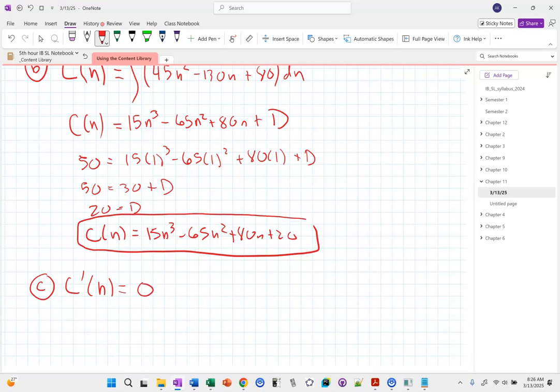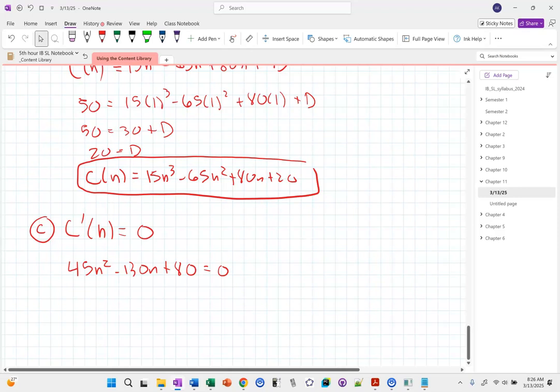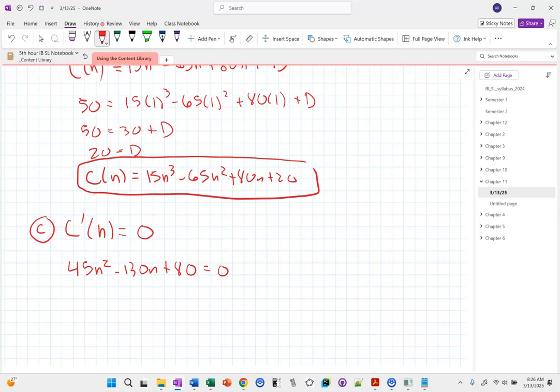So again, C prime was 45n squared minus 130n plus 80 equal to 0. To solve this, I'm going to just use the quadratic formula. But I noticed that all my coefficients are also divisible by 5. That'll just make my arithmetic a little bit simpler. So let's do that first.